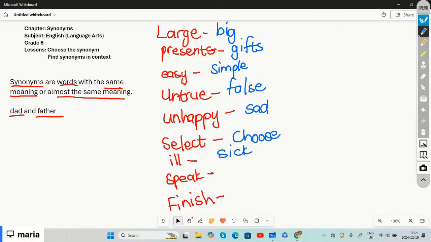Like I'm sick. I can't go to school. I'm not feeling so well, or I'm ill, sick or ill. It's words with the same meaning or almost the same meaning. Speak. What is another word for speak? If you speak to your friends, then it's another word for saying what.